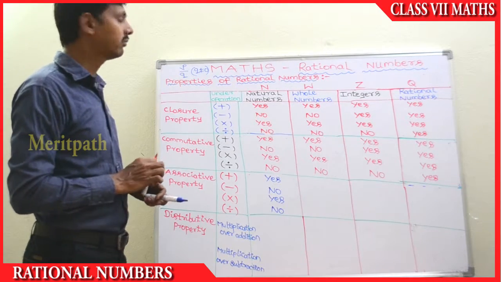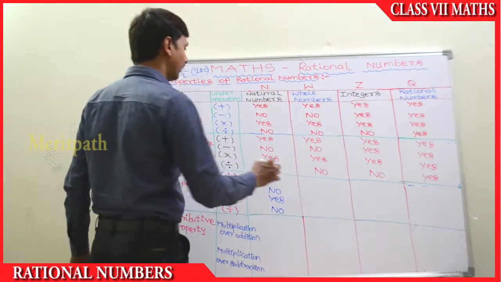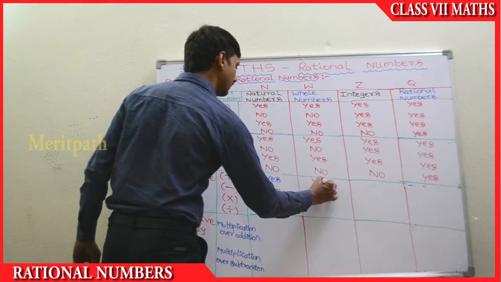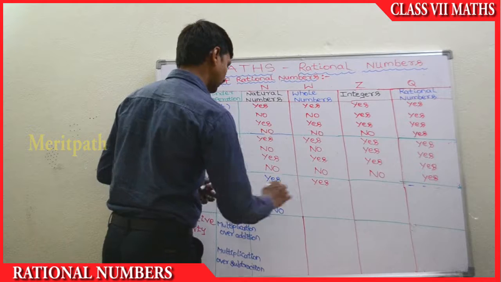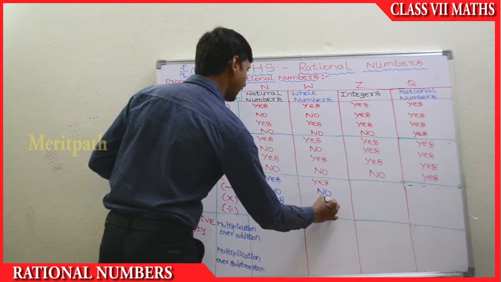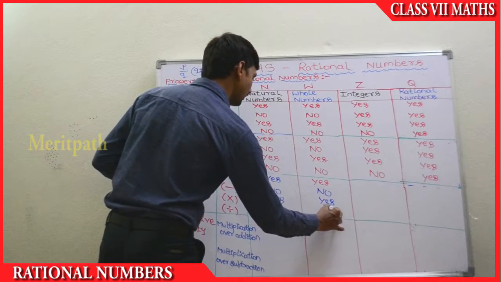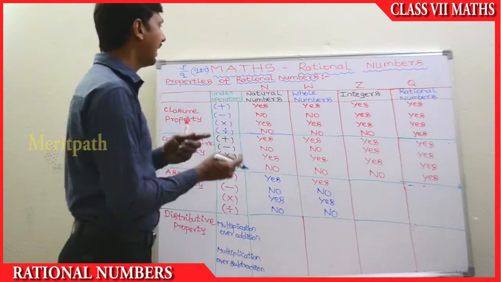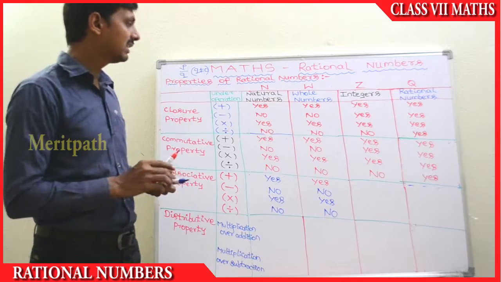So associative property for whole numbers is the same thing. We write yes for the first one, no for subtraction, and yes for multiplication. Division, no. Same as it is for natural numbers. Integers, we take next.